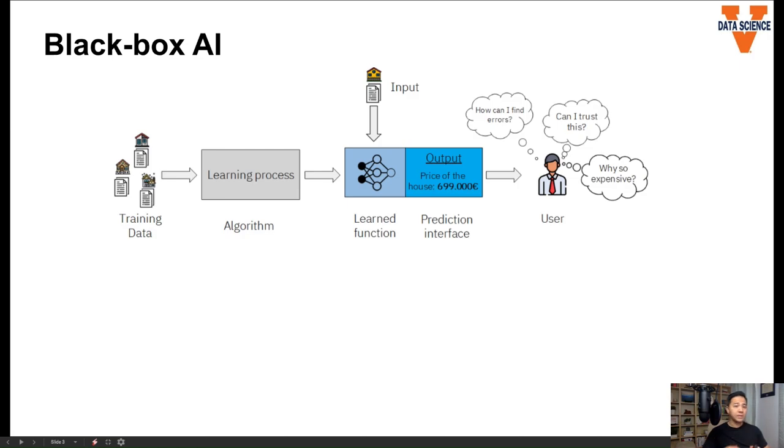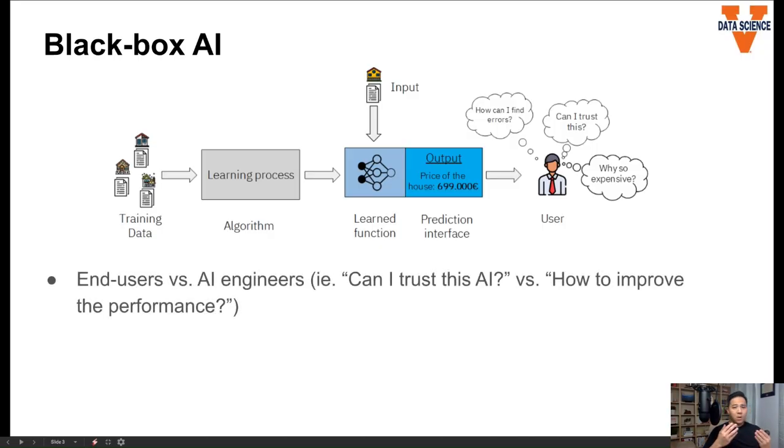Why are these predictions so expensive or so cheap, or don't make sense? How can I find these errors? And that's just the user's point of view, but we also have machine learning engineers who think about how to improve the performance of the system.